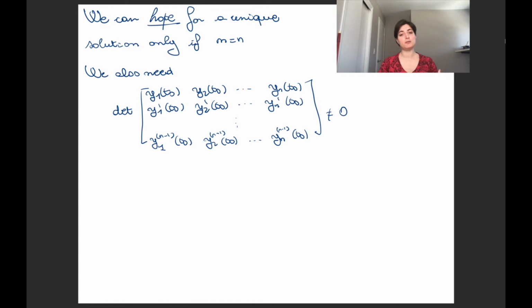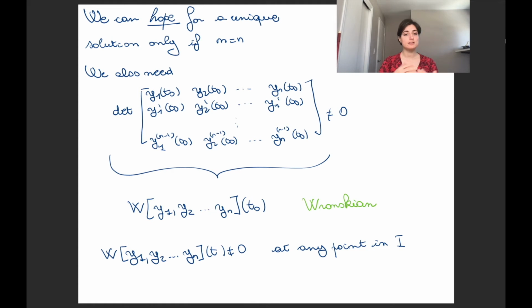On top of that, we also need the determinant of the coefficients of the algebraic equations that we have written to be different than 0. This determinant is called the Wronskian. So we are building something very similar to what we built in 2D. In the case of second order ODEs, we only had y1, y2, y1 prime, y2 prime.